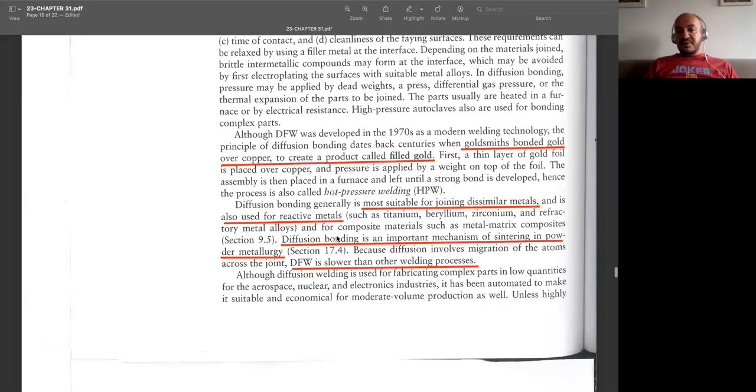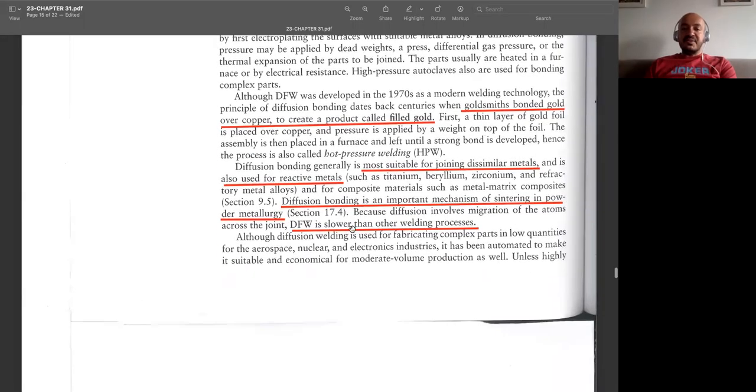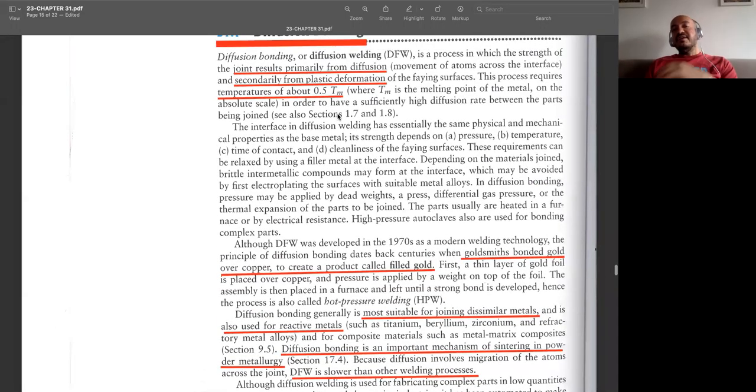And if you remember, we were also using this bonding process in our powder metallurgy manufacturing process, where we were sintering the powders together, and there were different types of sintering mechanisms, and one of them was diffusion bonding. But the thing is that this is obviously quite slow, since the parts should be at temperatures of 0.5 of their melting point temperatures. If you want to reach those levels, you need to apply more heat and wait for some time.